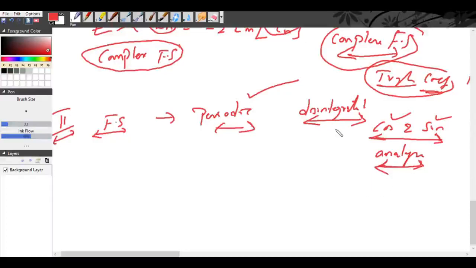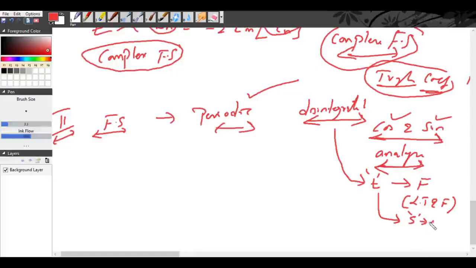The advantage of the Fourier series is that it helps you convert the time domain signal into the Fourier domain, that is the frequency domain. Saying Fourier domain or frequency domain is actually the same. I just want you to know the difference between the Laplace transform and the Fourier transform also. The Laplace transform converts the time domain signal into the S domain.